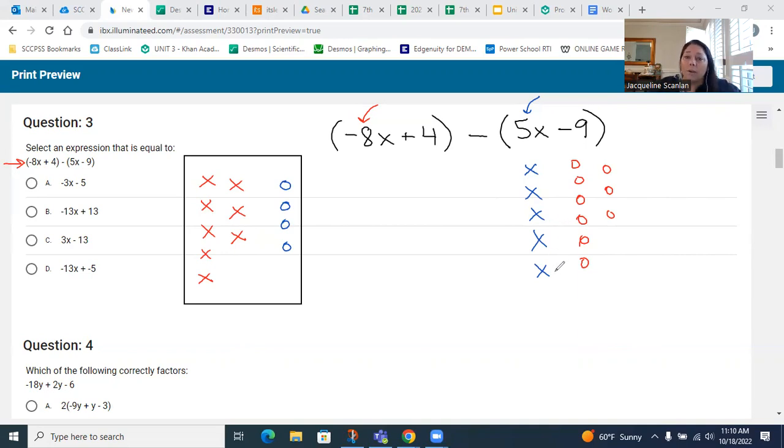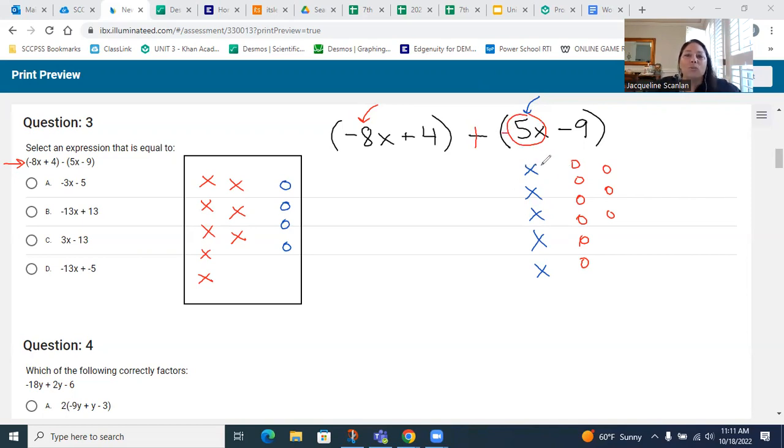So I'm going to show you how I do this, all right? And then you're going to see if it makes sense. I need to subtract these 5 blue. And so in order for me to do that, I am going to have to add the opposite. I am going to add the opposite of 5x, which is negative 5x.